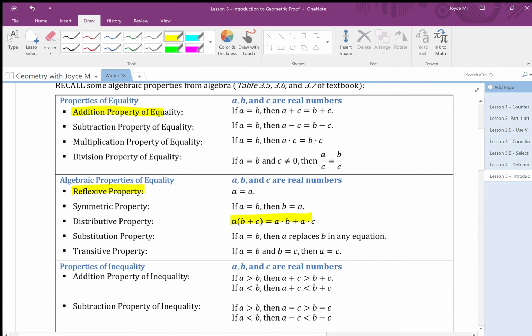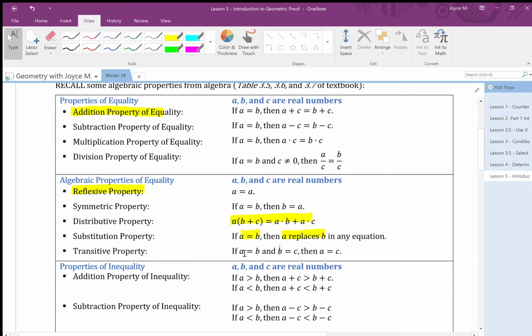And then there's substitution, which is used pretty commonly. I'm basically replacing A with B in any equation. If A equals B, I can replace A with B or B with A, vice versa, substituting an equivalent expression.